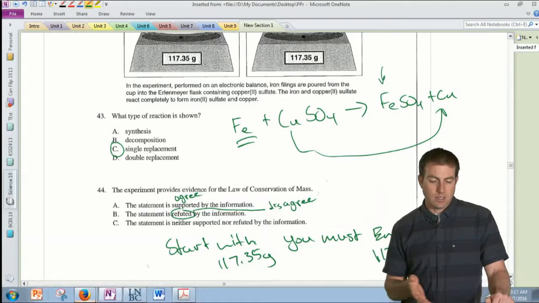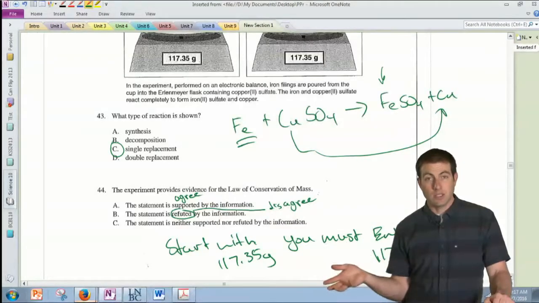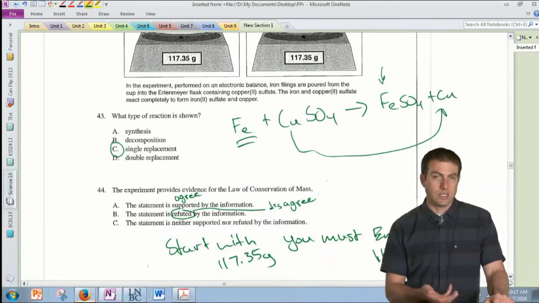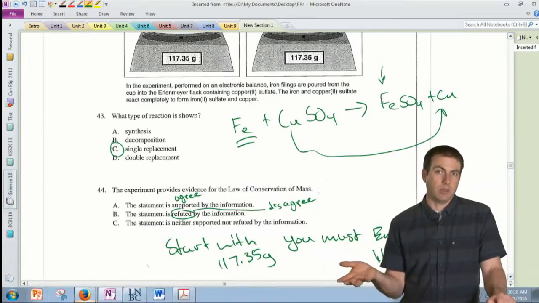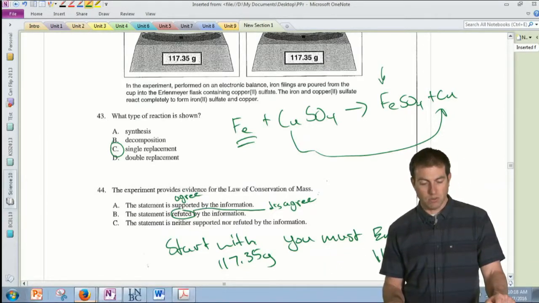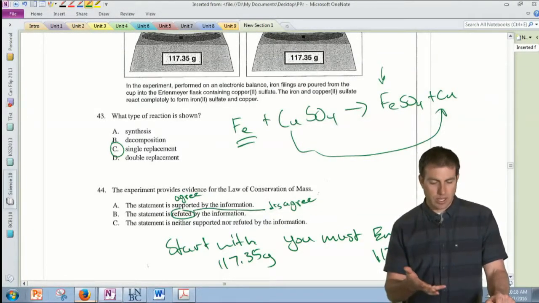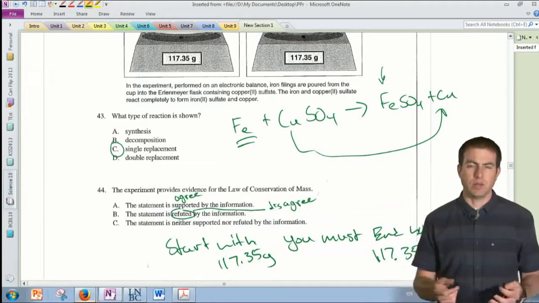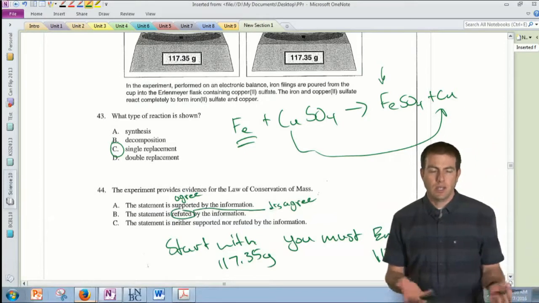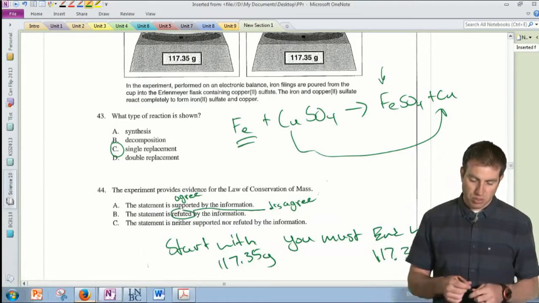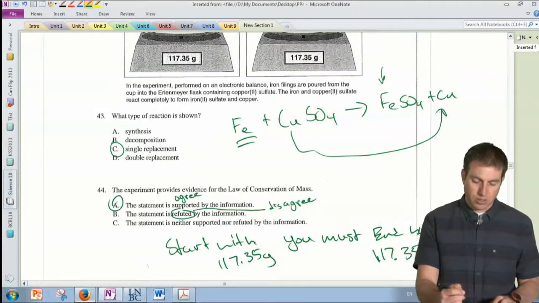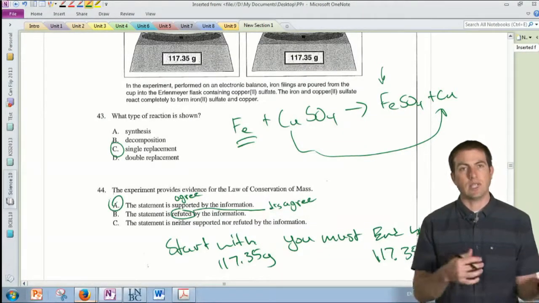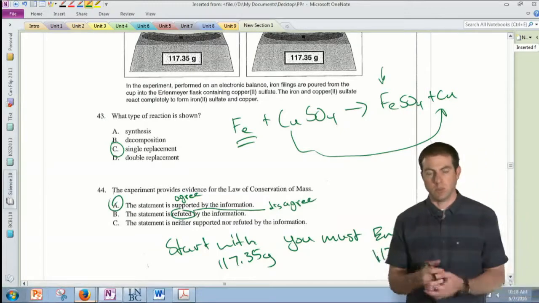And because you're asking a question about English, not necessarily science, the person may help you. I'm not saying they will for sure. It's kind of a judgment call for them. But it's kind of weird that they have this not complex language, but supported and refuted, kind of different things than you've probably heard before. So the statement is supported by the information. The mass doesn't change. It stays the same for both. So it's supported.